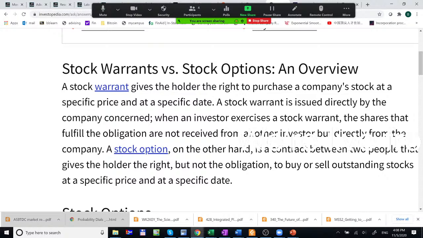But the general shareholders usually do not get the warrant.